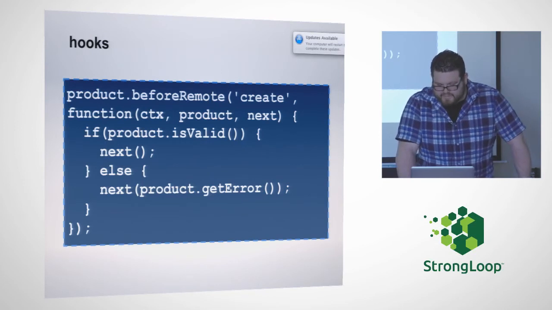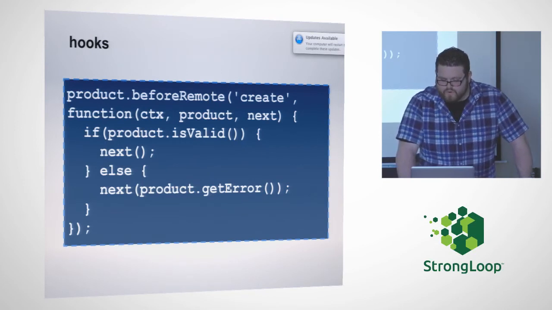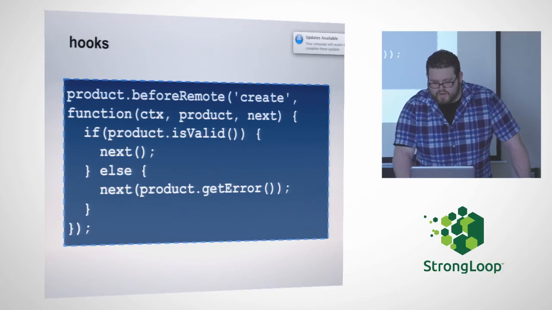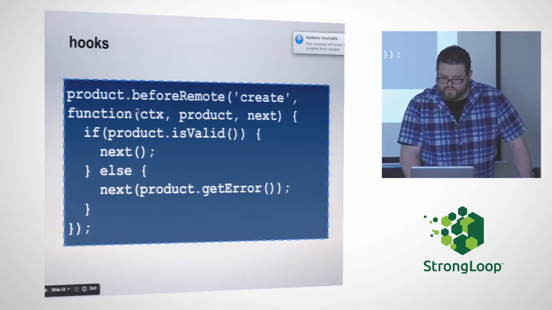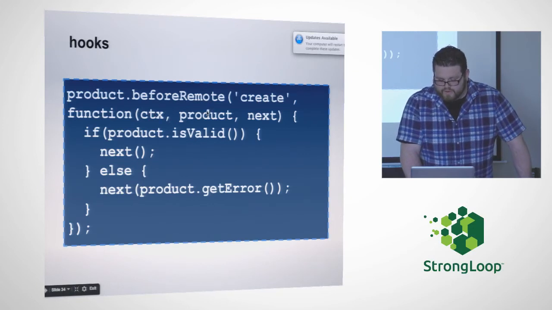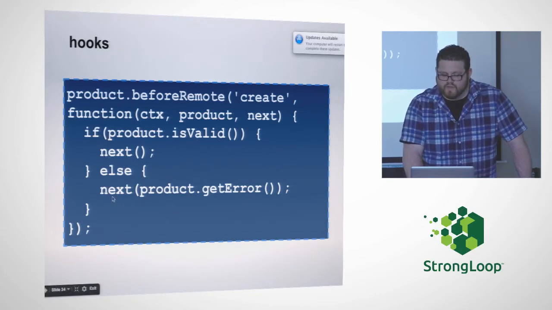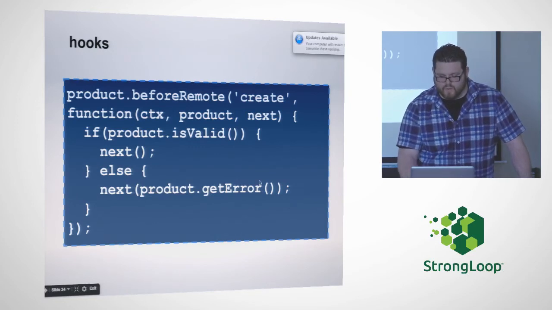This example adds a hook before you call the create method, and you get a context object, which gives you access to request and response if you want to play around with those, and the product that was actually created. If you want to continue, you call next. In this example, we're just checking, is this product valid? If so, continue. Otherwise, call next and provide an error object, and we'll send that back in the response.